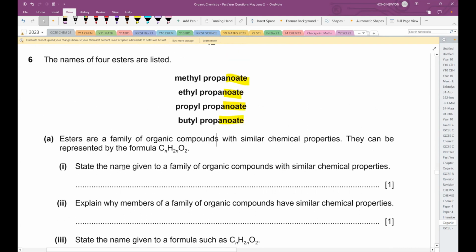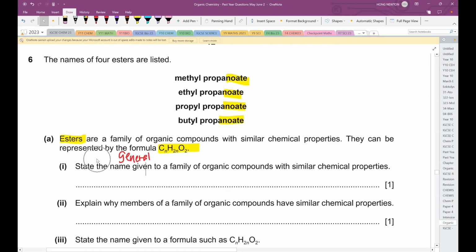Okay, now ester. Esters are a family of organic compounds with similar chemical properties, so they can be represented by a formula. This is the so-called general formula.